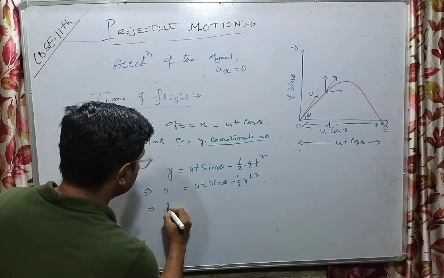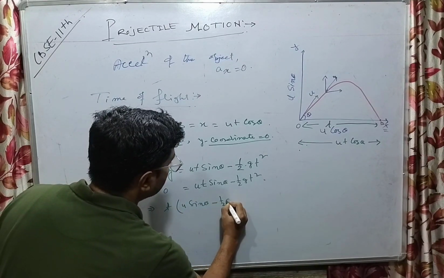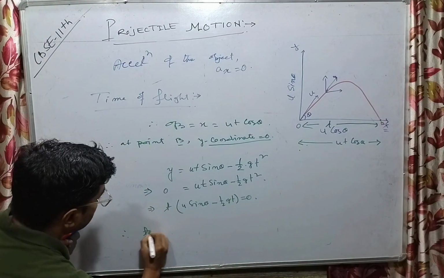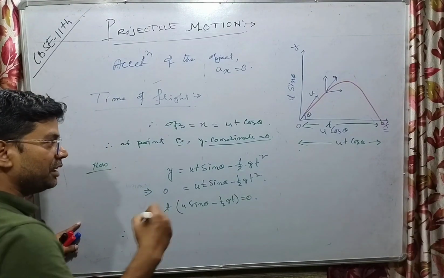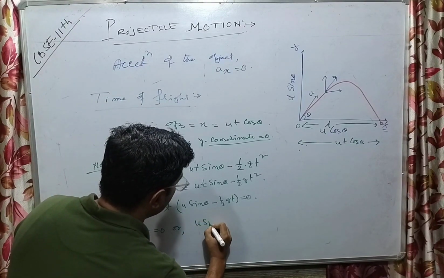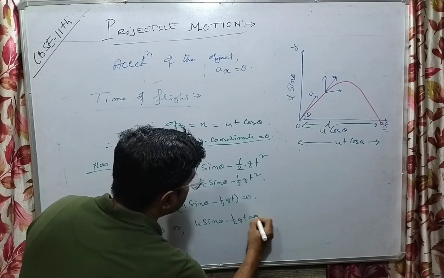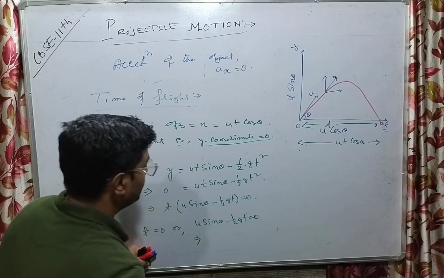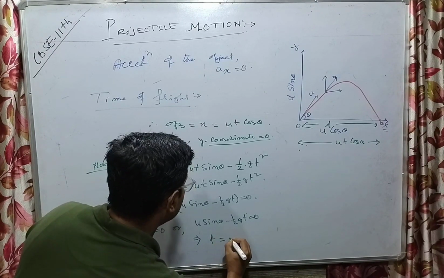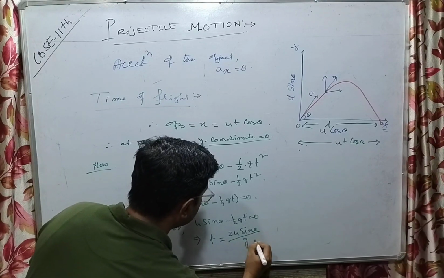Taking t common, t into u sin theta minus half g t is equal to 0. So t may be 0 or u sin theta minus half g t is equal to 0. From here, t is equal to twice u sin theta by g.